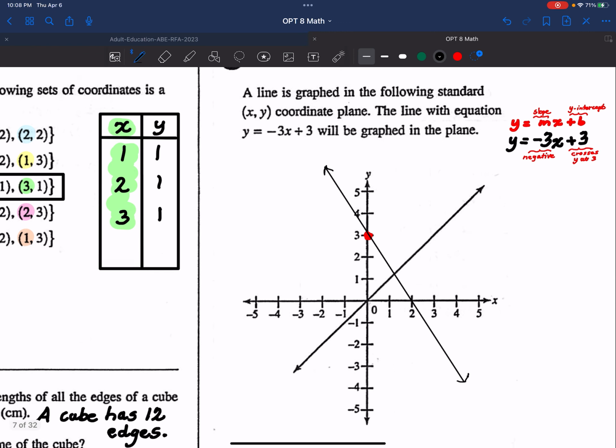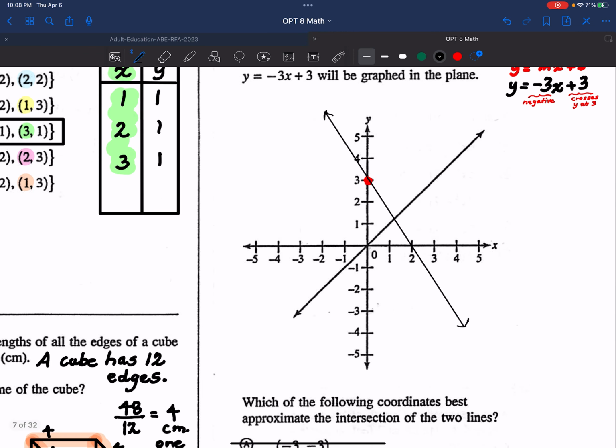And here's the question. Which of the following coordinates best approximates the intersection of the two lines? So they're asking us to determine this point.